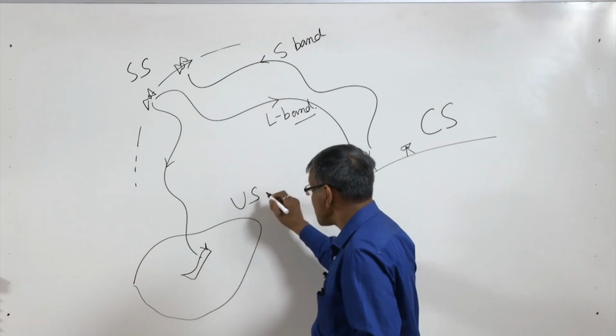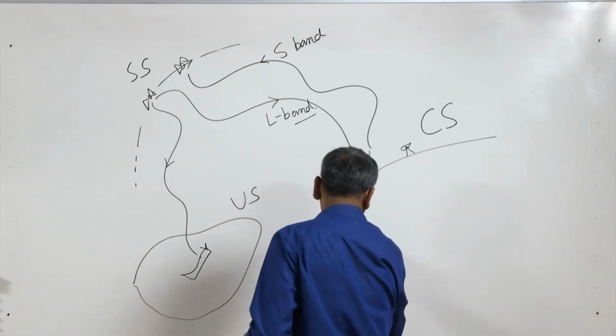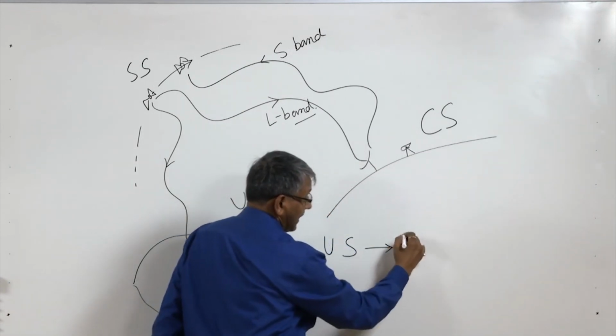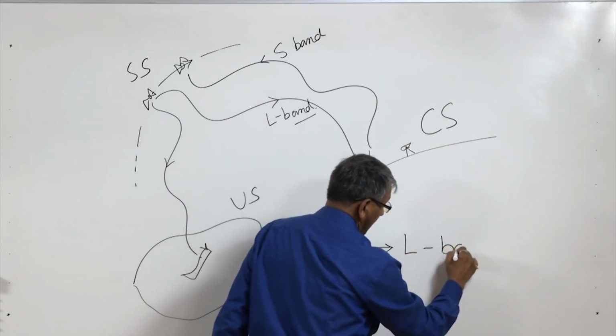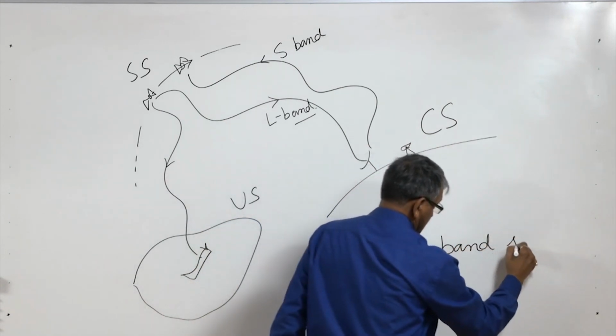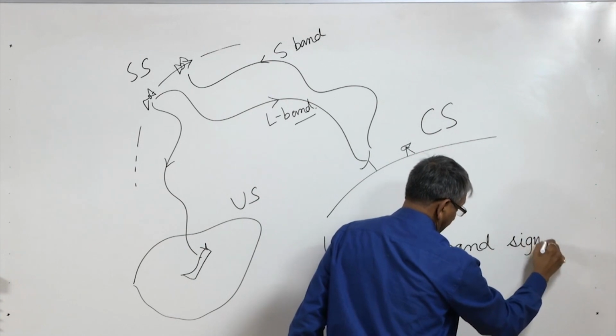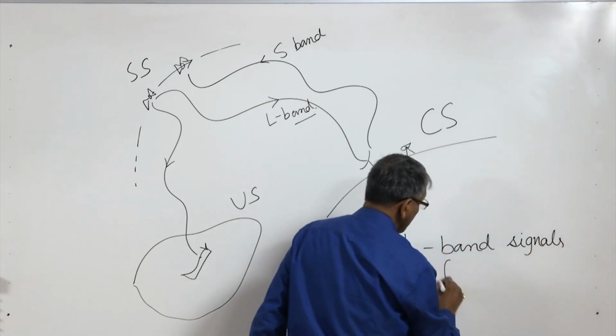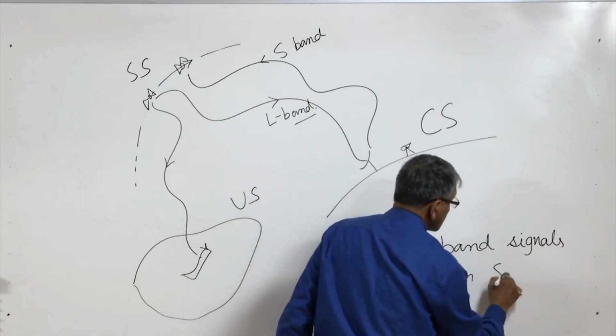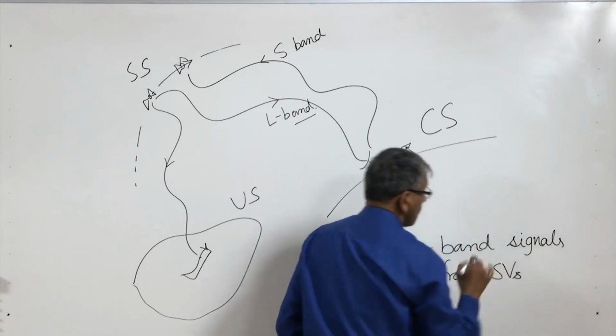So, the user segment only receives L band signals from satellite vehicles.